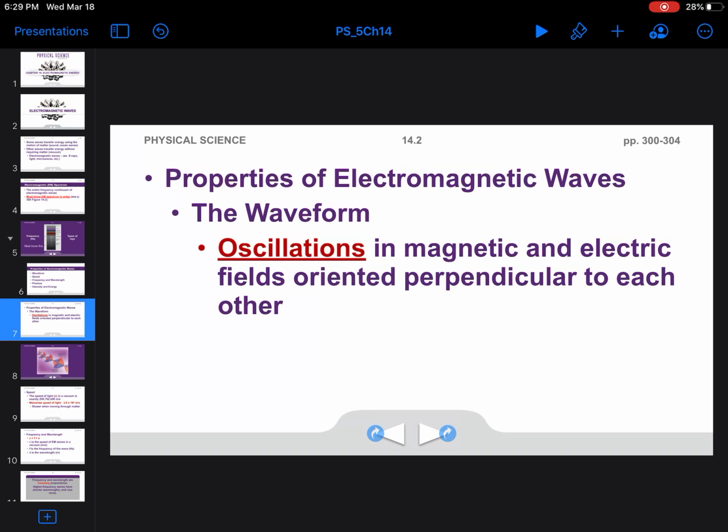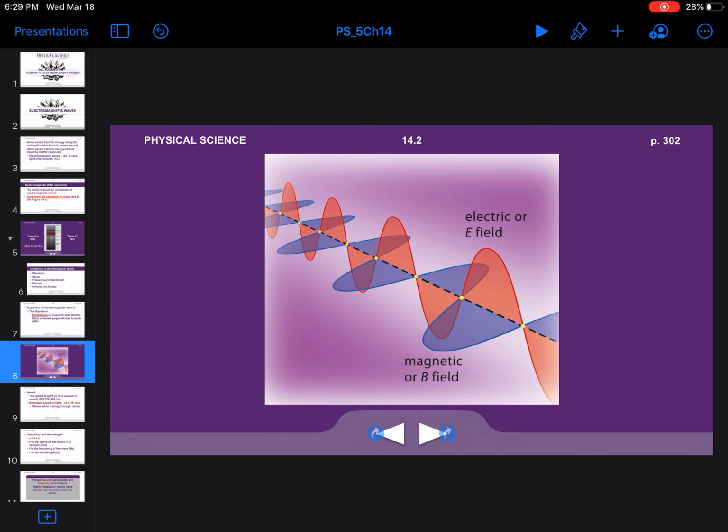We will begin here with the waveform. The waveform is oscillations in two fields, the magnetic and the electric fields, and they are oriented perpendicular to each other. We have a picture here of the waveform.